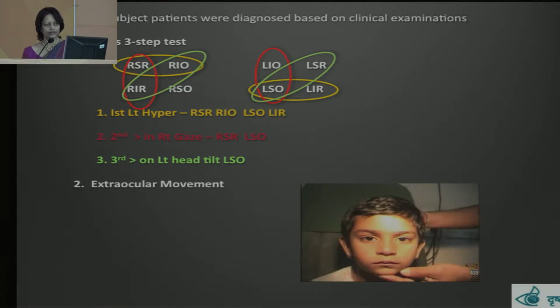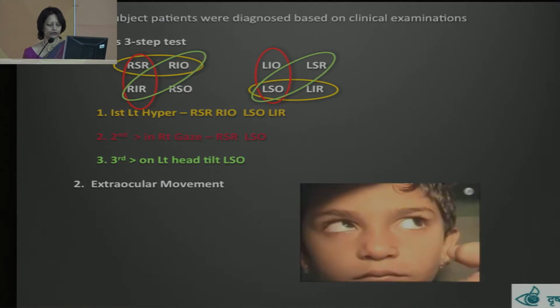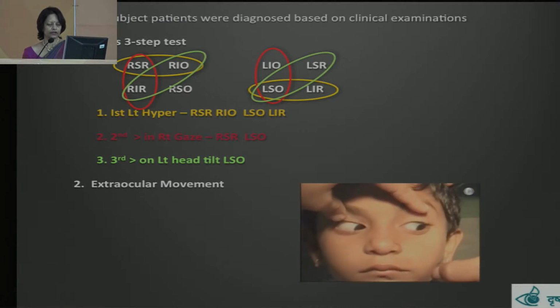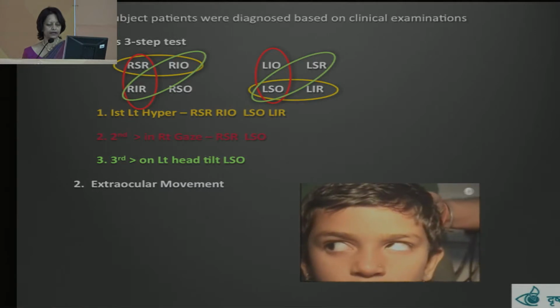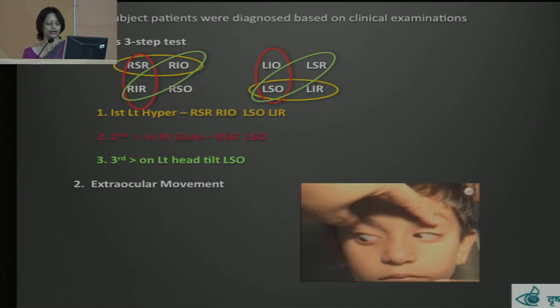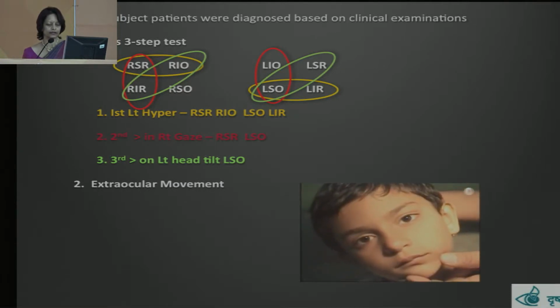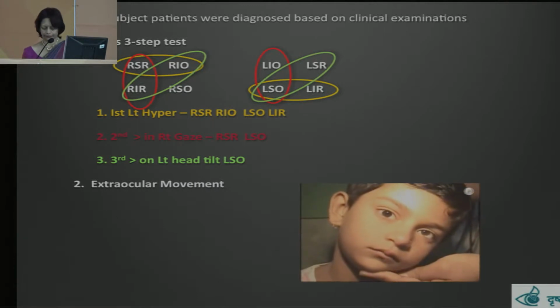Here the left hypertropia is increasing in right gaze and increasing on left head tilt. When one examines the extraocular movements, you can see in this video there is no deviation in the left gaze, but in the right gaze there is a hypertropia of the left eye, and there is an underaction of the superior oblique muscle, and this increases in the left head tilt.